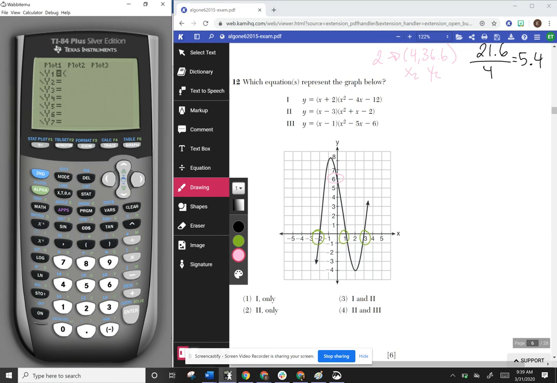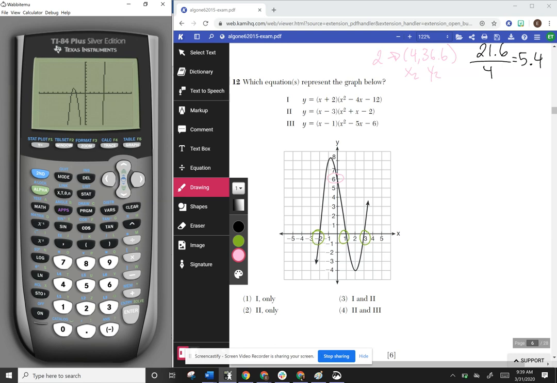So option 1, we've got x plus 2 and x squared minus 4x minus 12. Let's look at the graph. As we can see here, this one definitely does not match it.